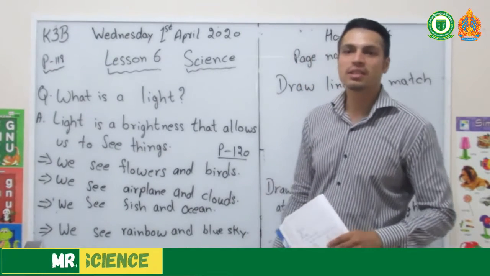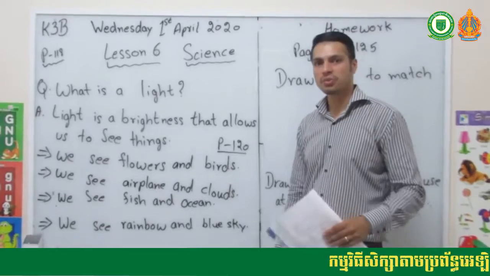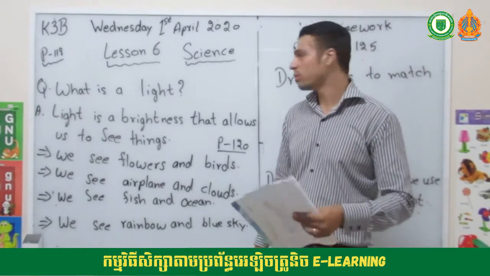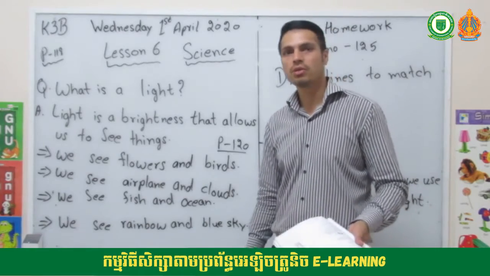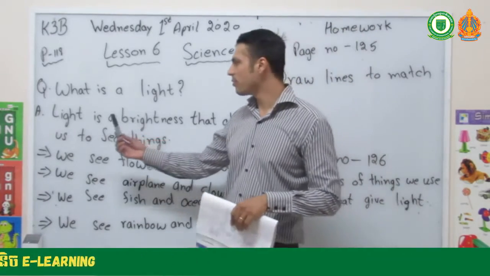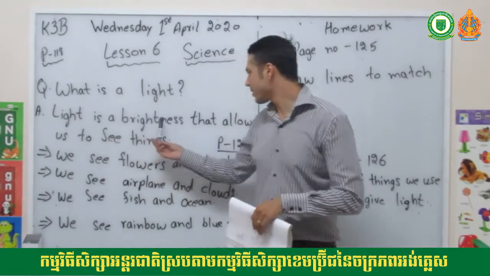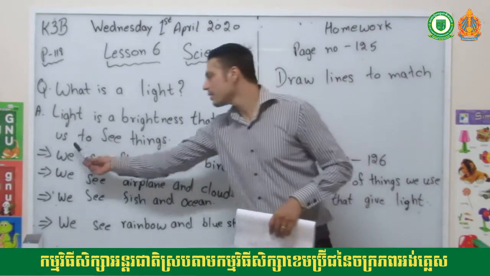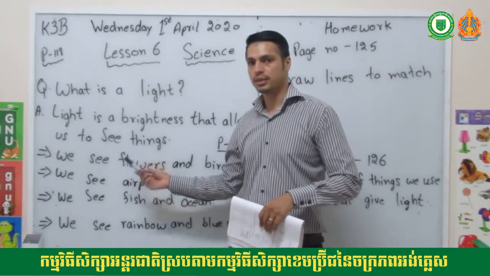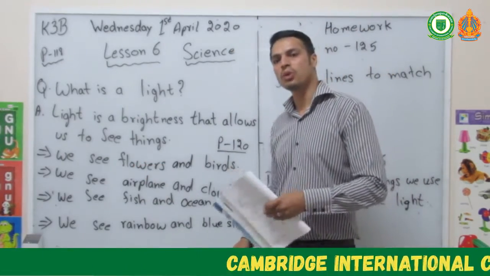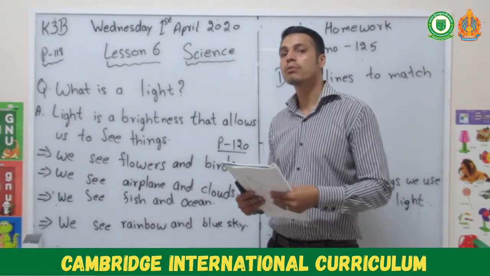Hello K3B students, welcome back to our third and last video for today. Before I give you homework, I would like to give you a quick review of what we have studied. So what is light? Light is a brightness that allows us to see things, like natural light from sun, moon, starlight and fire.